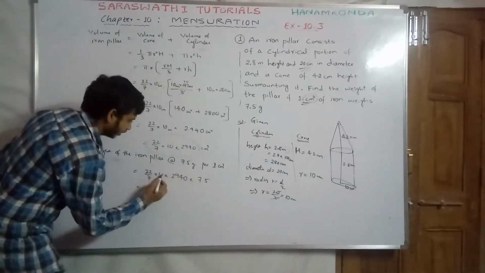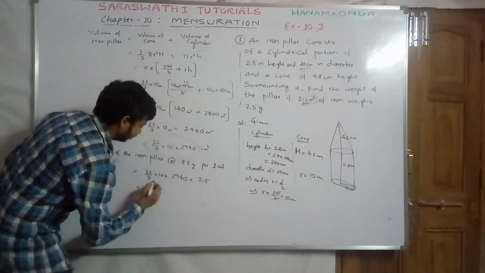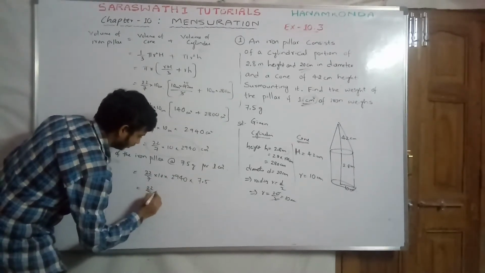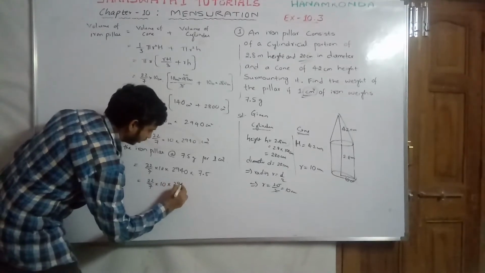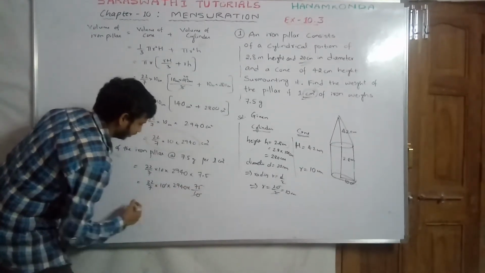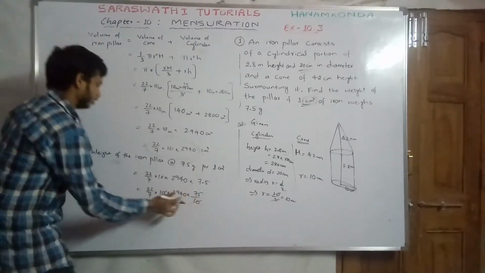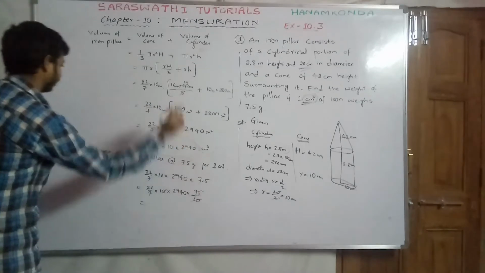Okay, so 10 into 7.5, that means the decimal point can be shifted by 1 digit. 22 by 7 into 10 into 2940 into 7.5 can be written as 75 by 10. The 10 gets cancelled. Now multiply the terms: 75 into 22 into 2940 by 7.